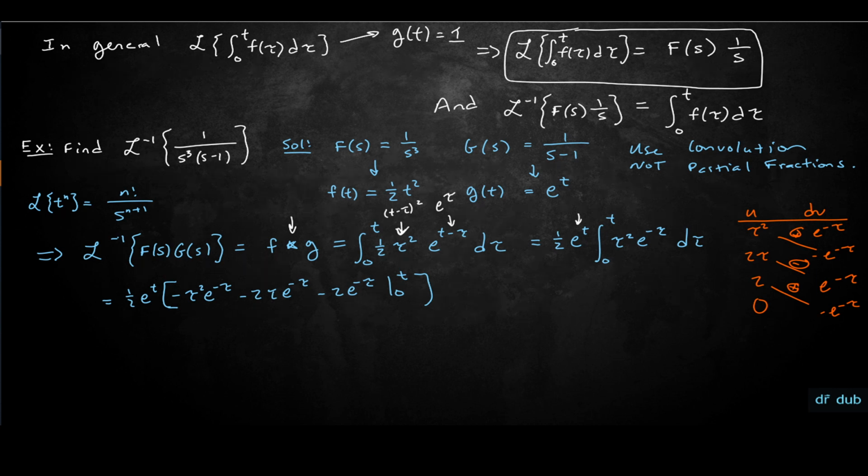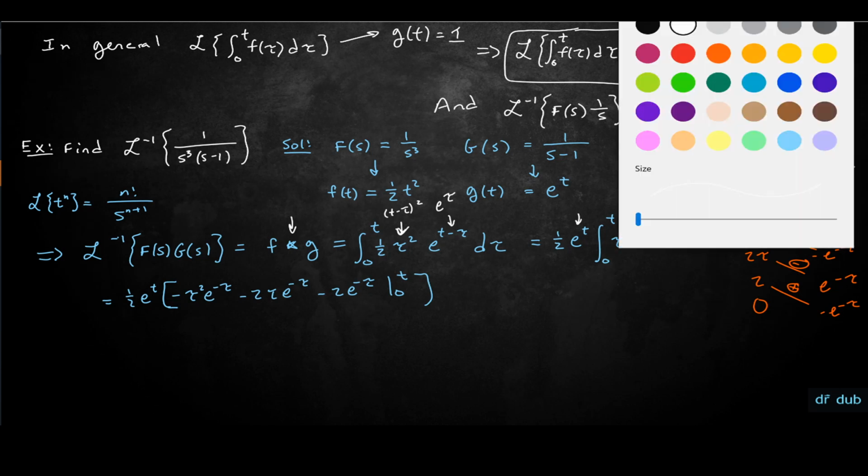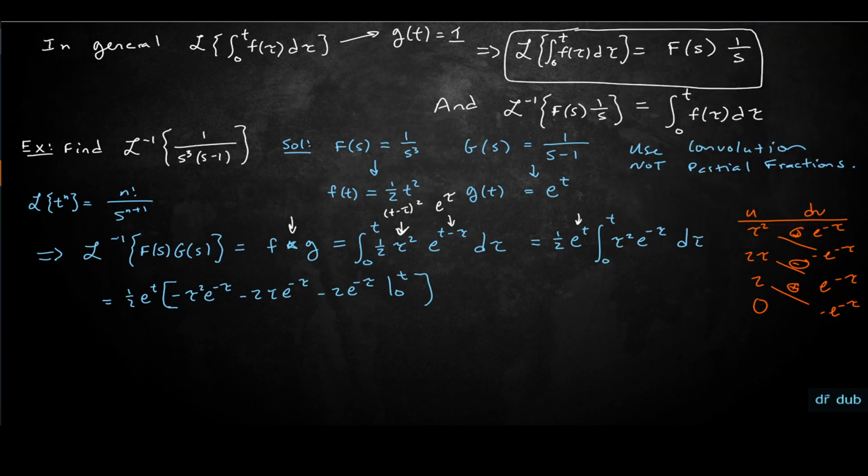It really doesn't matter because you could FOIL out (t minus tau) squared and multiply by e to the tau. But I personally prefer to have the e to the t come out because the integral of tau squared e to the negative tau seems a little easier to me. So it's just having a little intuition and foresight of what you're going to have to do, but it doesn't really matter. But yeah, that's what it would look like if you were to swap the g and the f.